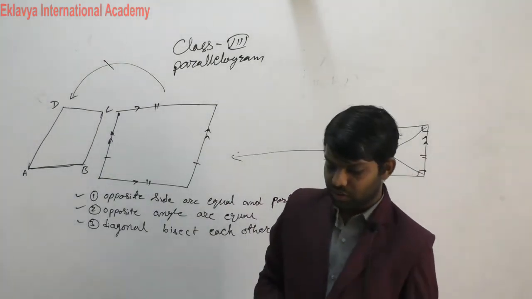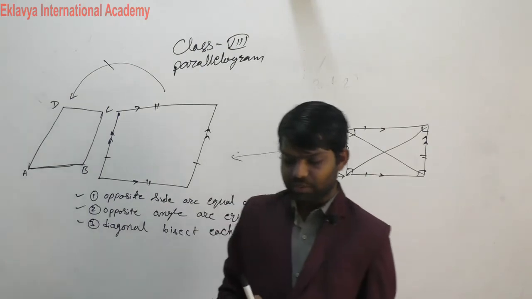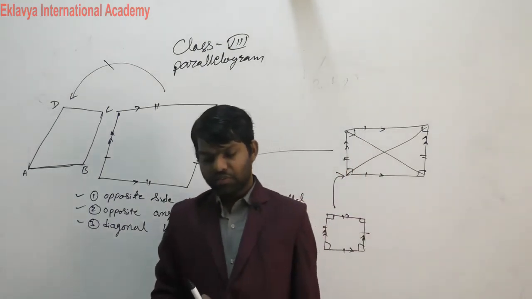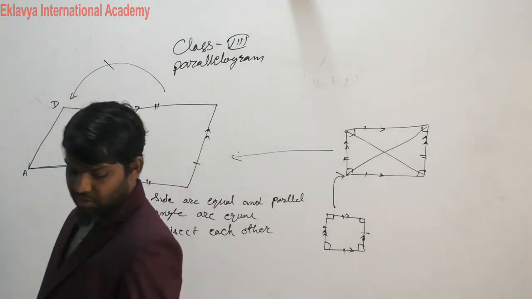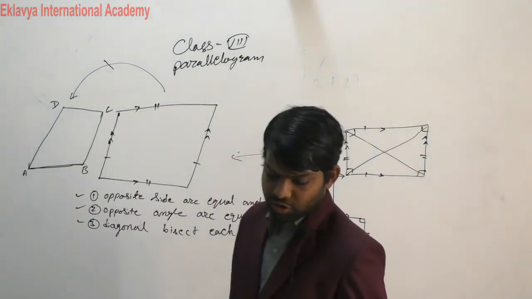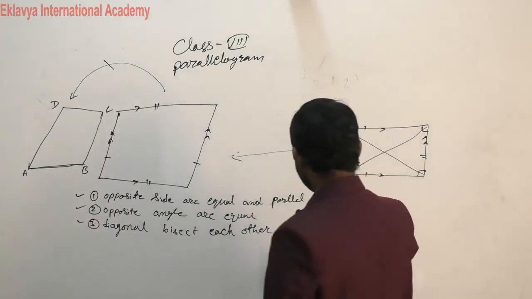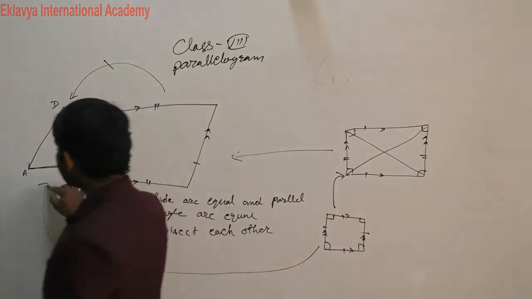Then second question, exercise 13B, first question: first part is true, second part is true, third part is false. Now the fourth part, we can say whether a square is a rhombus or not.